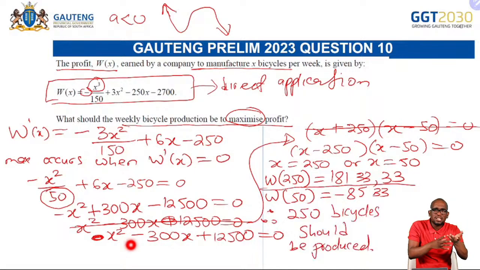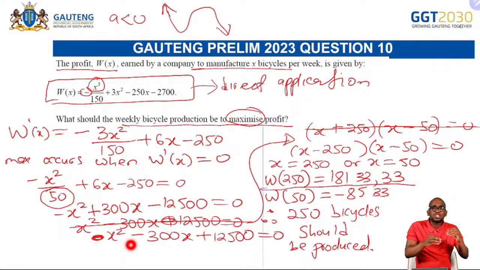Or you can use the second derivative test, which is a test for concavity. You check f double prime of a specific stationary point. If it's positive, then it will be concave up, which means that it's giving you a minimum. If it's negative, it will be concave down, which means it's giving you a maximum. Or alternatively, you can use back substitution.